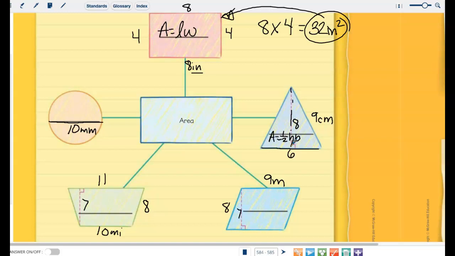So I would do 1/2 of my height, which is 8, times my base, which is 6. So I don't actually use that 9. So I would do 8 times 6 first, which is 48, times 1/2. Or in other words, 48 divided by 2 is 24. And I would label it centimeters squared.